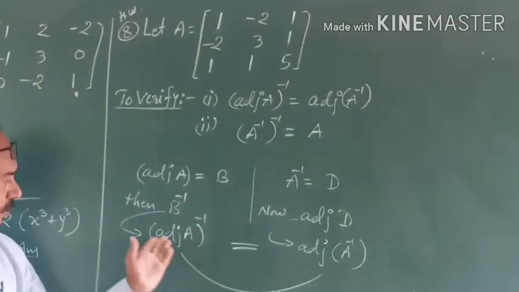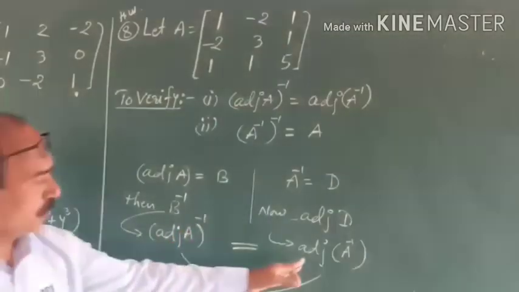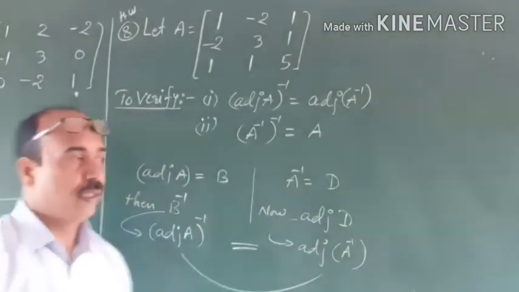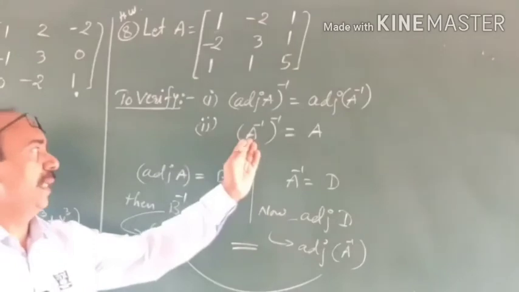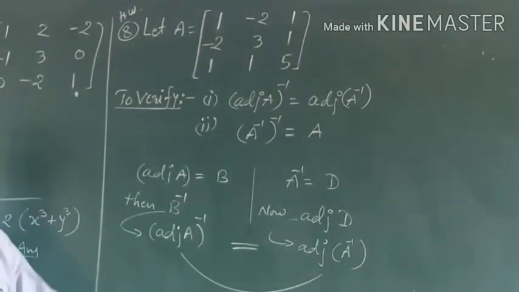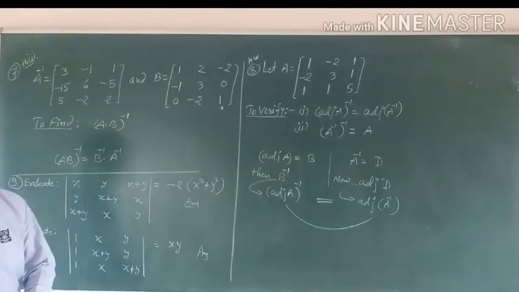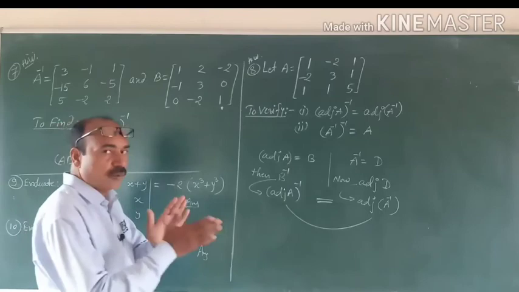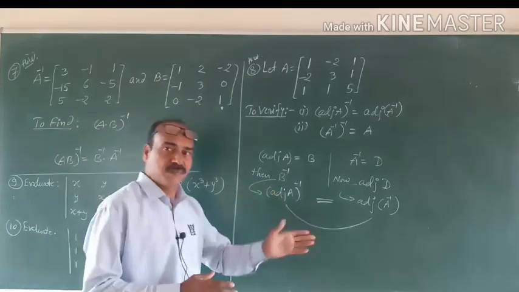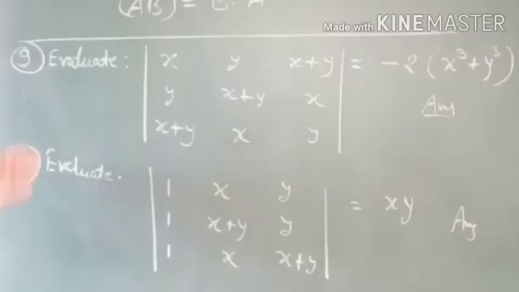So by 1 and 2, it's verified that adjoint of A whole inverse is equal to adjoint of A inverse. And the second part, A inverse: first you find A inverse, and after that suppose this is matrix B, and once again you find B inverse, once again you will get matrix A. The length of this question is very long, so try at your home. Keep patience.